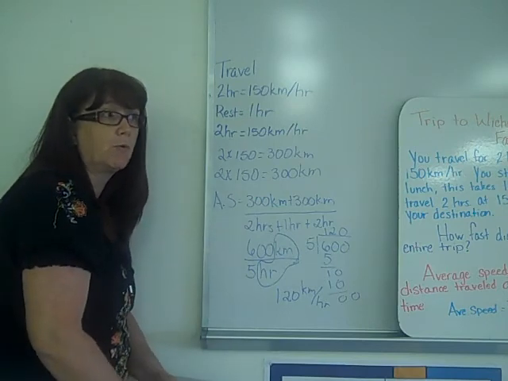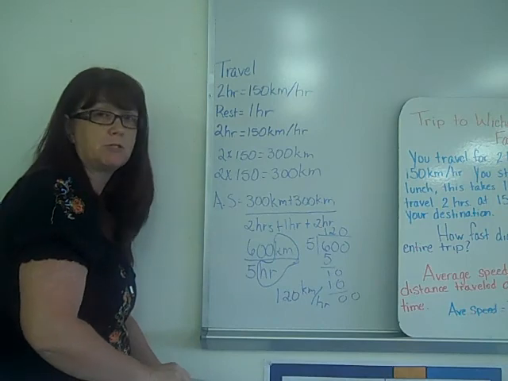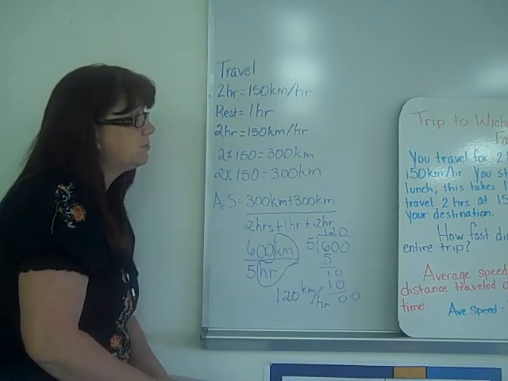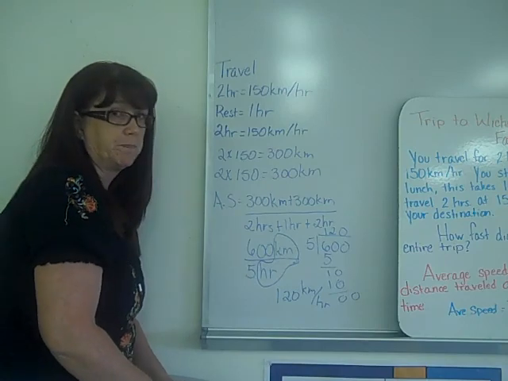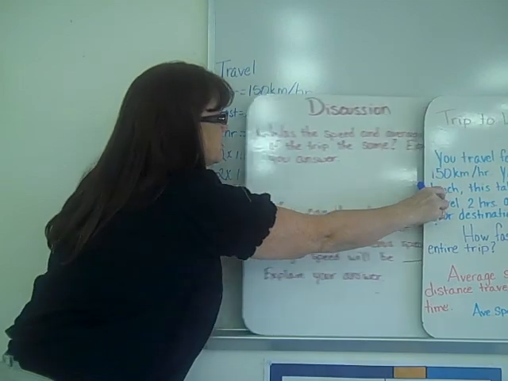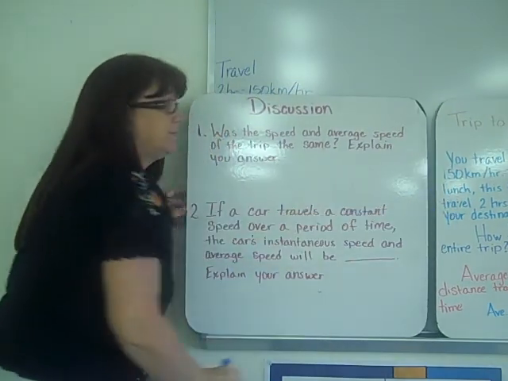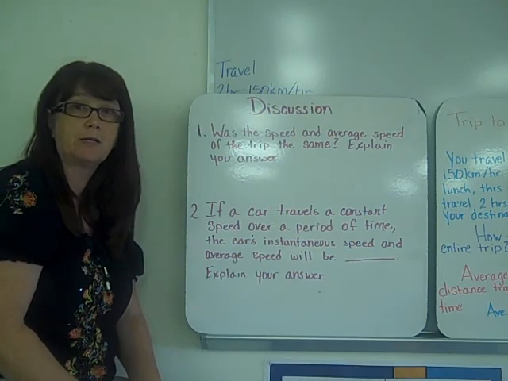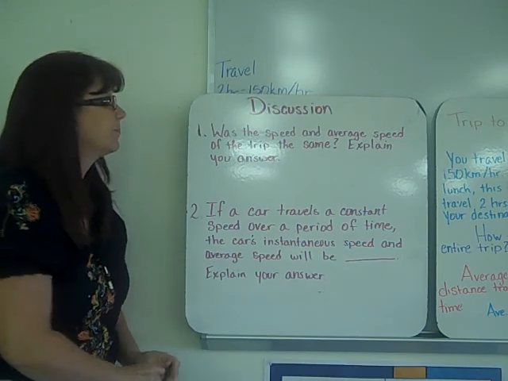Tomorrow in class, we will be working some additional speed and average speed problems. We'll be using these two formulas and working with them. I also want you to think about these two questions. You picked up the sheet that has these two questions on it, and I want you to have the answers for them when you come into class. Be prepared to discuss.